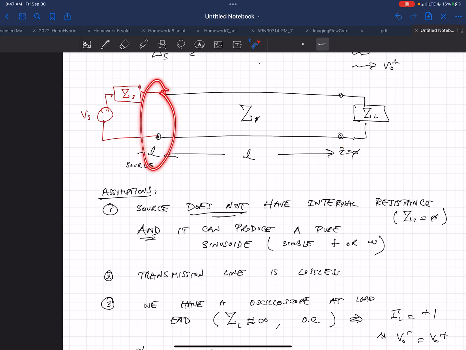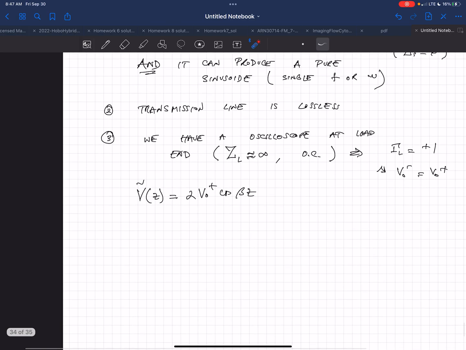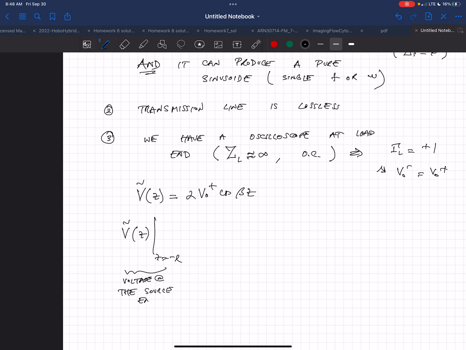So let's look at V hat of z at z equal to minus L. This is the voltage at the source end, which is 2V0 plus cos of beta L. I just plugged in minus L for z in my equation, so this is the voltage at that end.